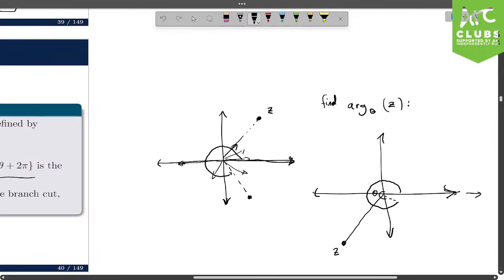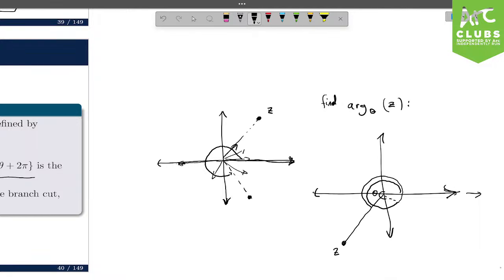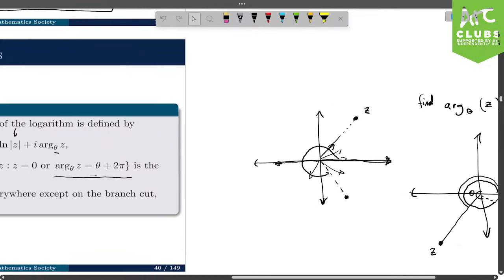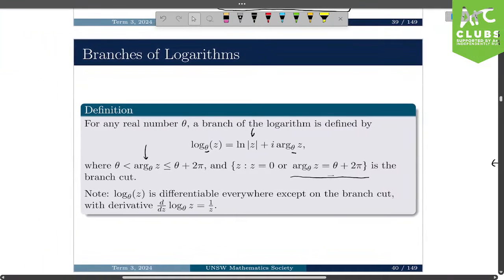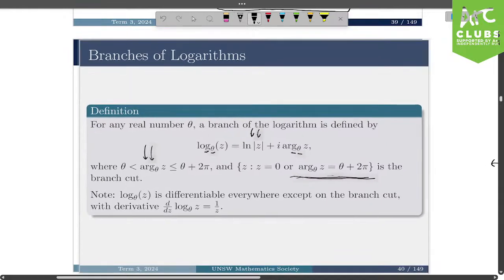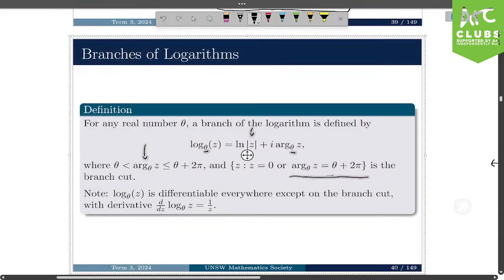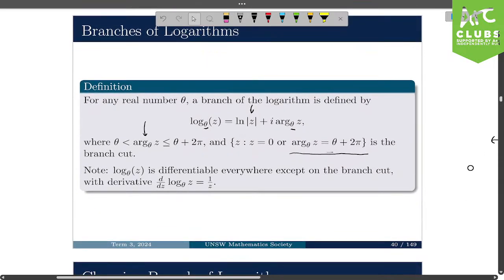And then keep rotating until you're looking in the direction of z, right? And the angle that you had to rotate to reach z, plus theta, is going to be the argument of z of branch theta. Okay, maybe that's more confusing than just this simple definition here, but that's the way that I like to imagine it.